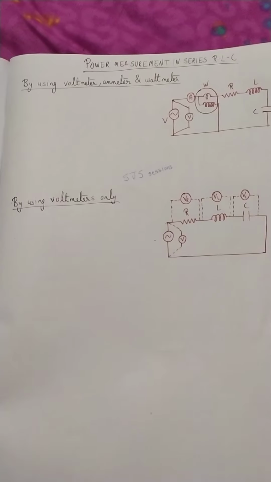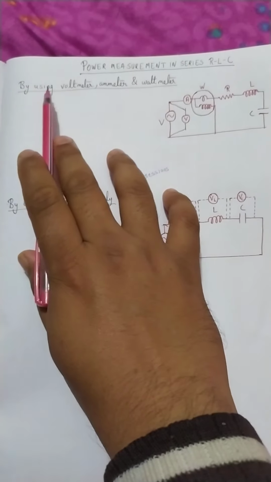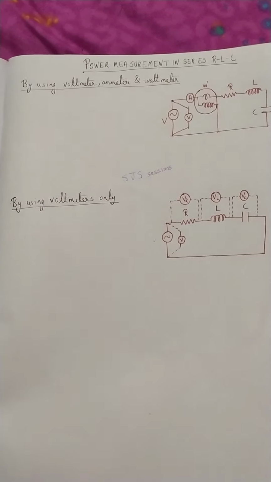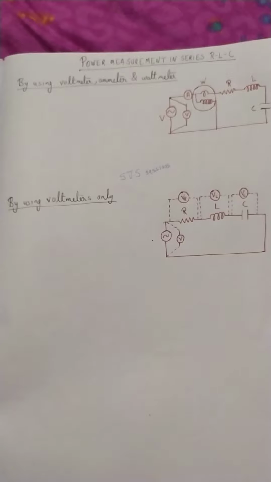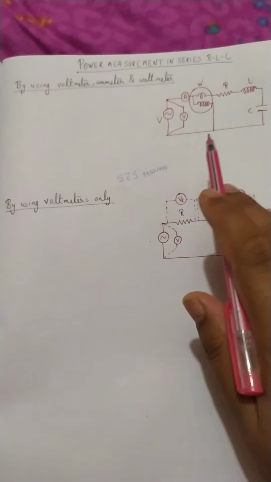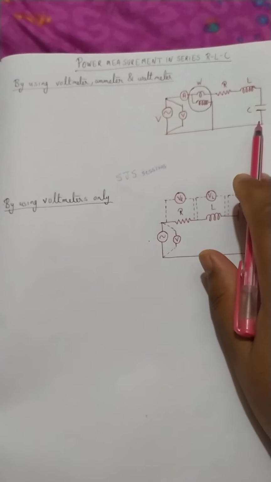Traditionally, we use an ammeter, voltmeter and wattmeter to find out the power and power factor. The arrangement is like this: we have the supply and the RLC, connected in series.